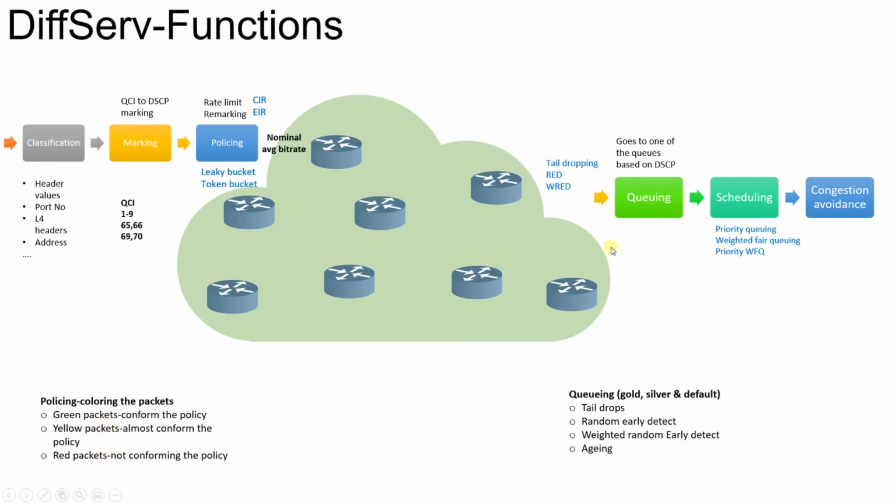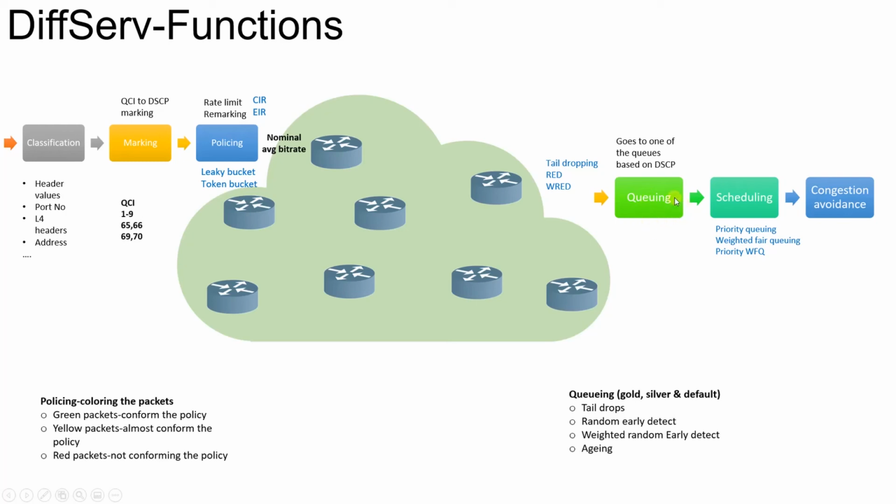And then we have to dump the packets into the queues using 2 different algorithms, RED and WRED. You have to specify which algorithm you are going to use, whether RED or WRED, and then the DSCP value to queue mapping has to be done.